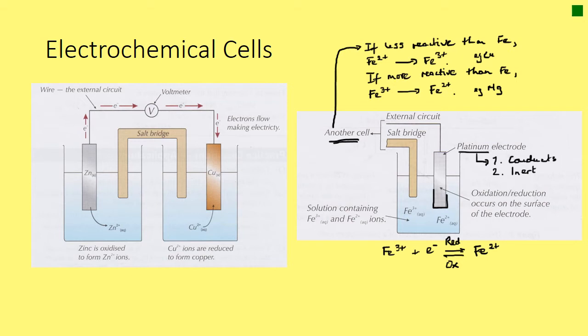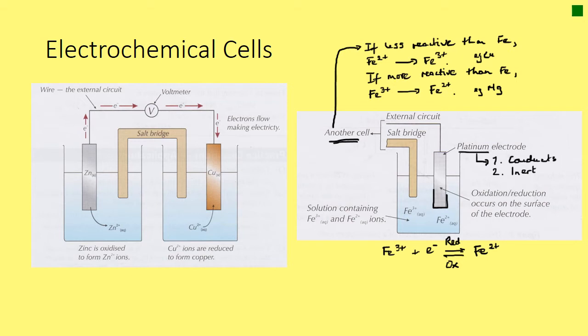So the reaction that goes on here goes on at the surface of the platinum electrode. So at the surface, what can happen is we can either have Fe3+ gaining electrons, to turn them into Fe2+ ions, or you can have Fe2+ ions losing electrons to become Fe3+ ions.